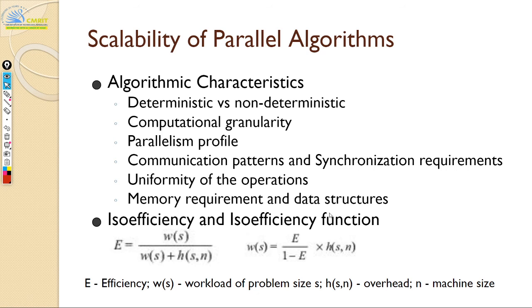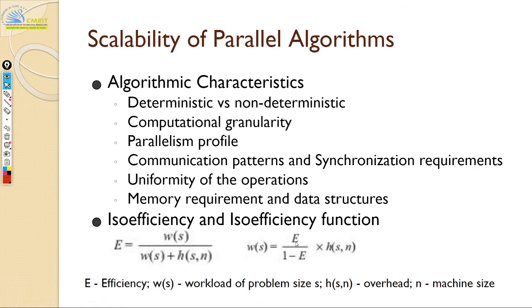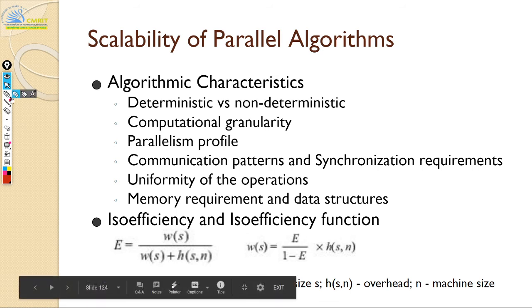Once you have it in this form, it means that my workload is directly proportional to my overhead. And I want to keep e constant, so this entire part, e by 1 minus e, becomes a constant.